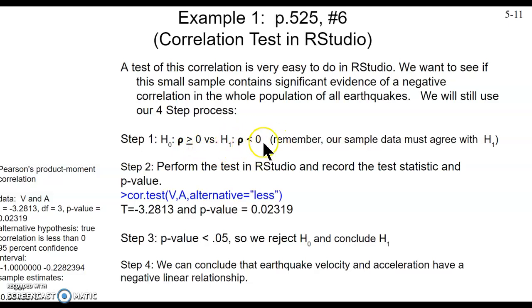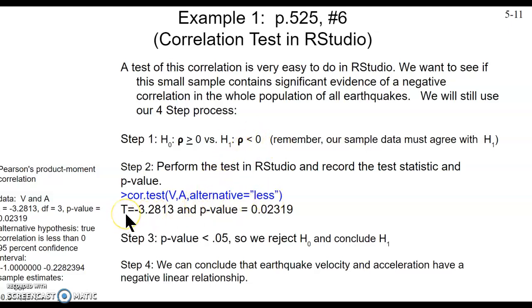Remember, we saw a sample correlation less than 0, right? And we want to see if that's enough evidence to reject this. So this is our alternative. It needs to agree with H1 or our sample data. We do the test in RStudio, which is cor.test of V and A, alternative less.